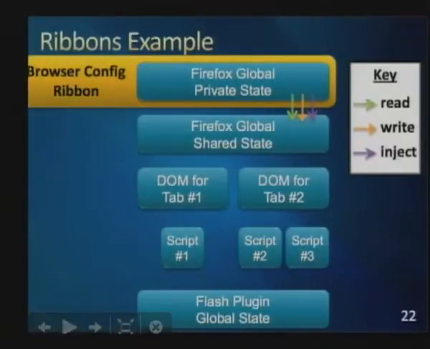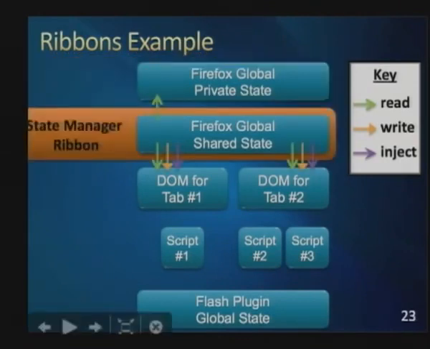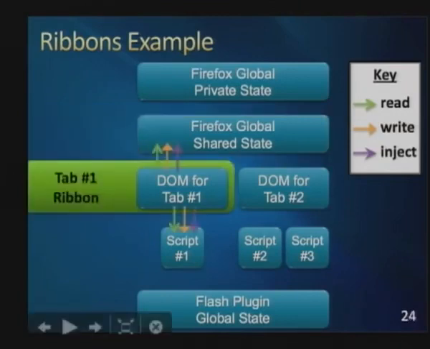All right, so going back to this example, we're just highlighting here some of the ribbons that you could have running here. So your browser configuration ribbon lives within this global private state, and so it's got read, write, and inject onto the Firefox global shared state. The ribbon that lives within this other protection domain only has the privileges that this source protection domain has, and so forth.